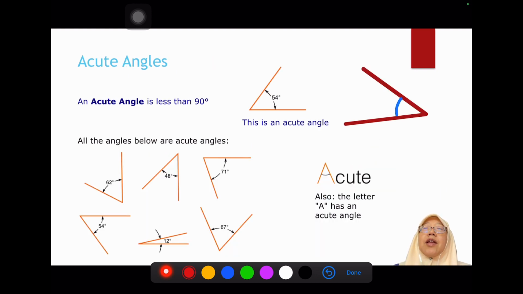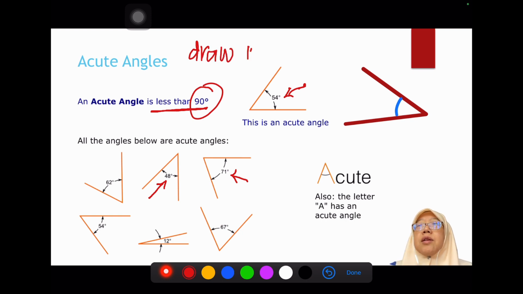Okay, let's look at acute angles. Acute angles must be less than 90 degrees. So it could be 54 degrees, 71 degrees, 48 degrees, and so on, as you can see here in this picture. Now, apart from the angles being less than 90 degrees, you must also draw them in different orientation.